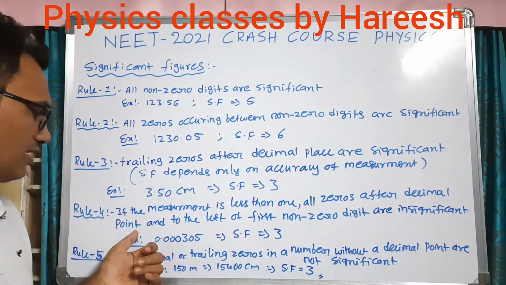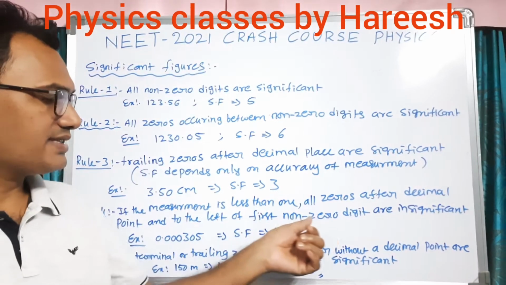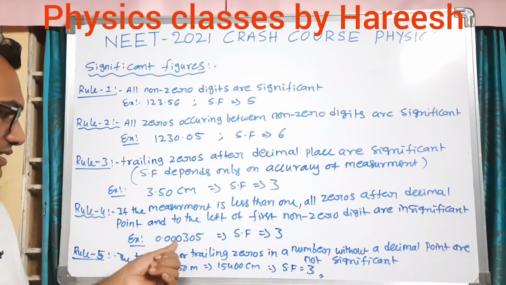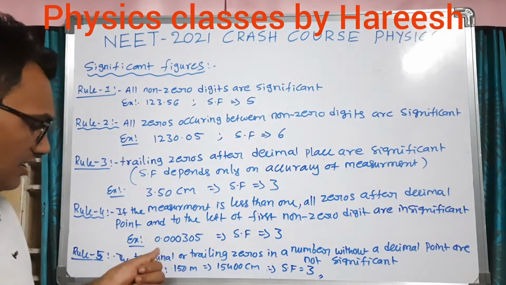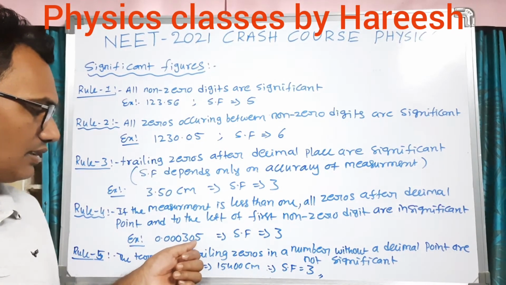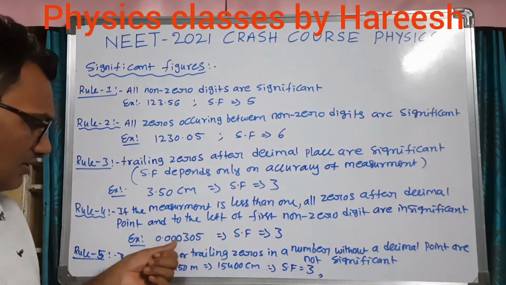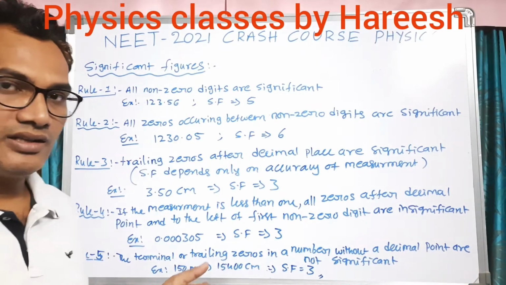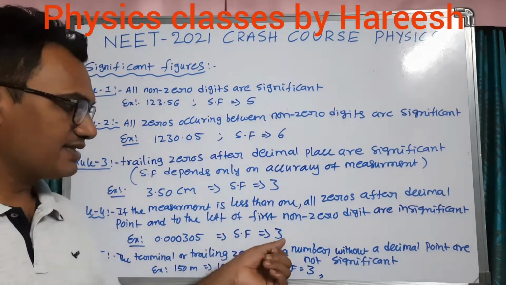After the decimal there are 3 zeros and before the decimal there is 0. These 4 zeros are not significant. So the number of significant figures of the given measurement is 3 only.